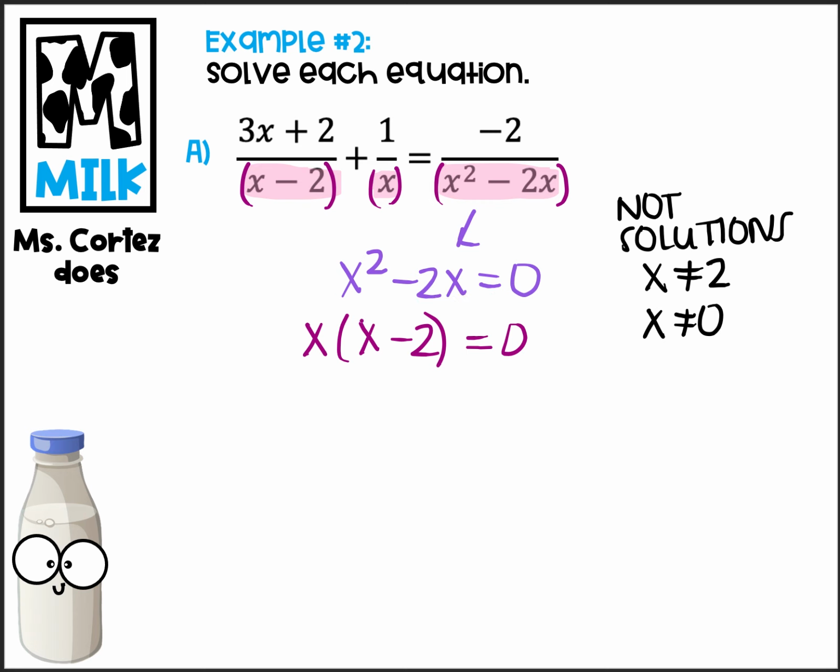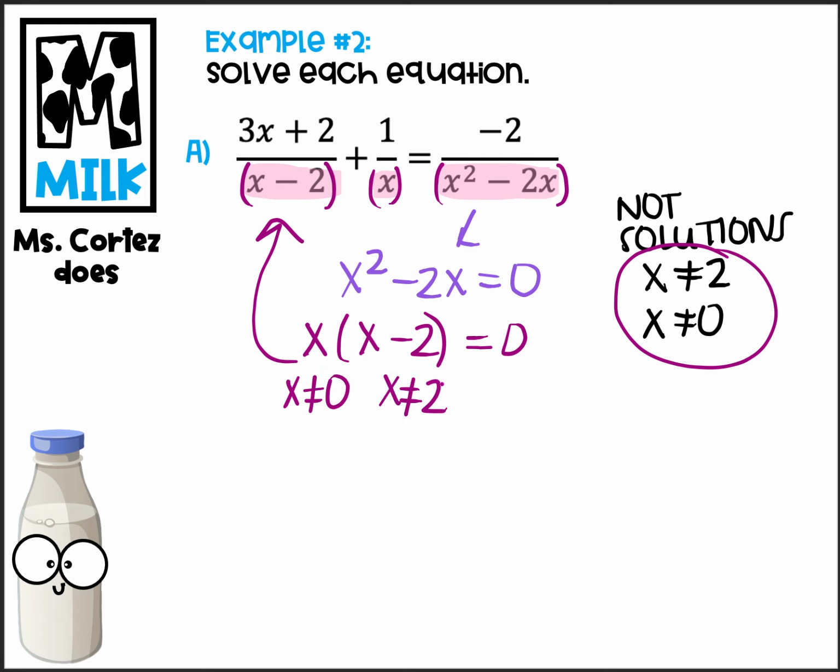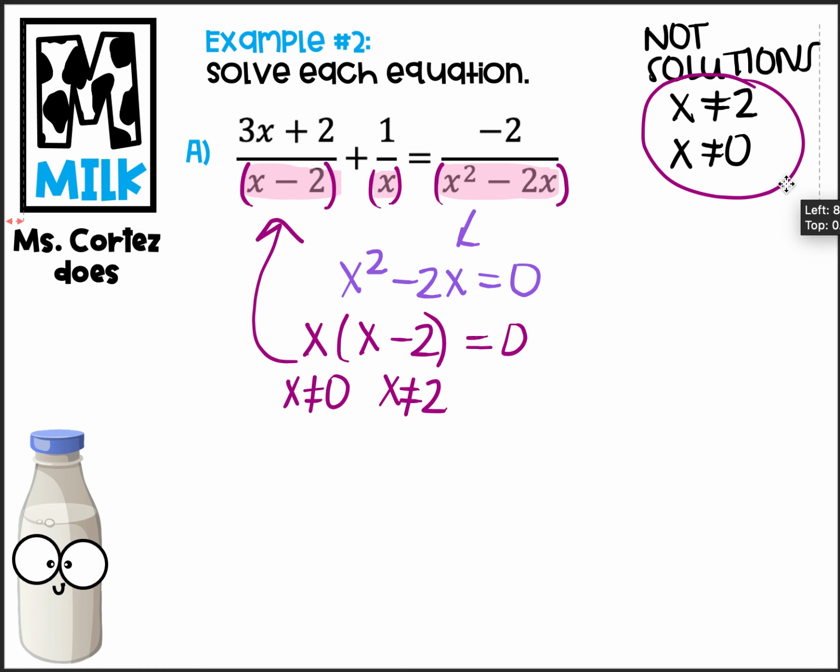And then I have the same as the other two, if you notice. Which means I just get the same solutions again: x cannot be 0 and x cannot be 2. These are my not-solutions. I'm going to put them aside for now.